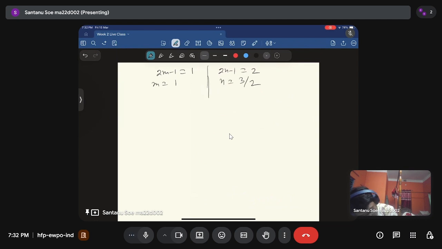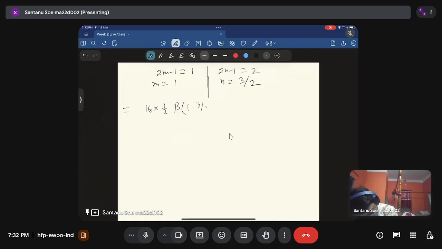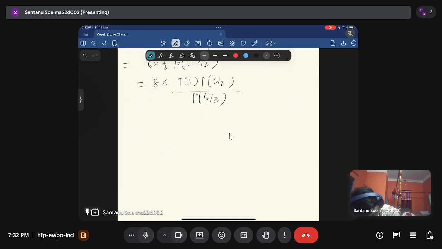So this integration will be 16 into half into beta of 1 comma 3 by 2. So 8 into gamma of 1 into gamma of 3 by 2 divided by gamma of 5 by 2, right? So this will be 8 into gamma of 3 by 2 over 3 by 2 gamma of 3 by 2. So this will get cancelled out and it is just 16 by 3.